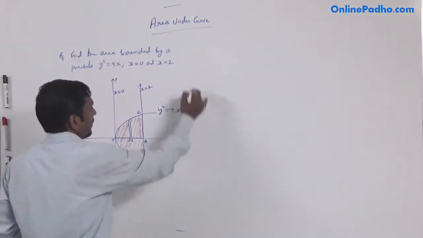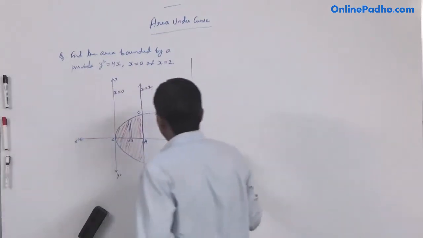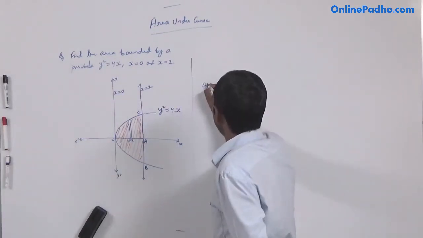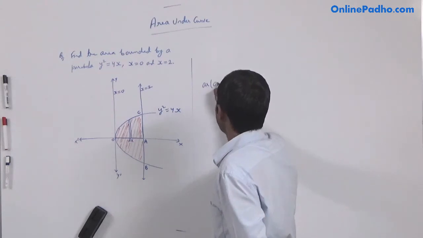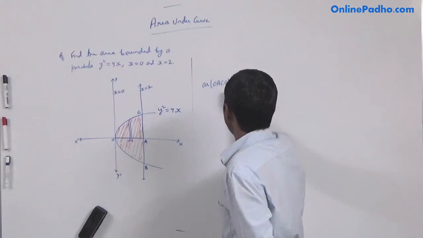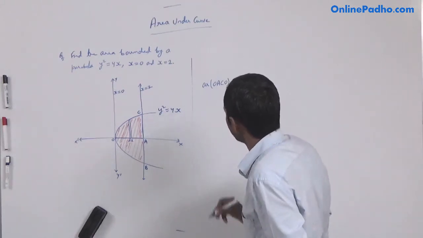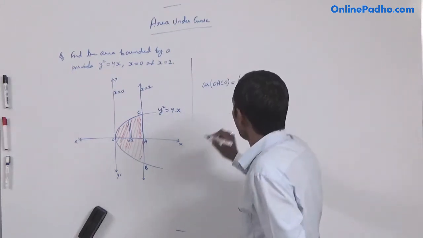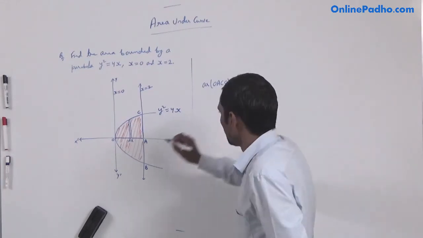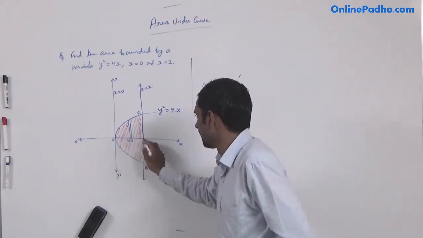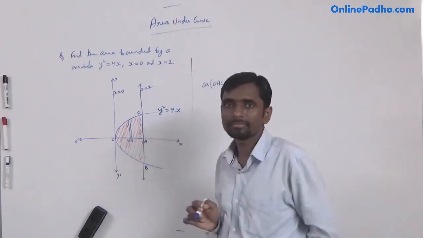Let us see if we have to find the area of this part. So we can say that the area of the region OACO can be written as integration of. Now it's very simple. We have to find the lower limit and upper limit of the total area.